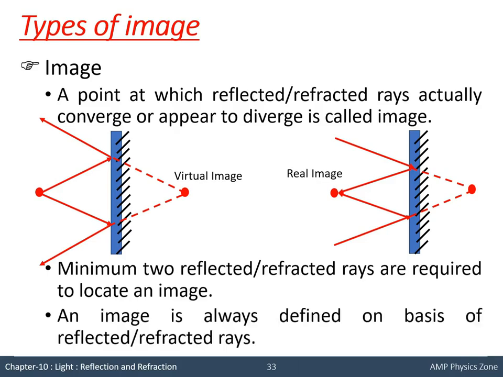An image is always defined on the basis of reflected and refracted rays. If reflected rays actually converge, then the rays will really meet, so a real image will be formed. If they appear to diverge, they will never meet; we have to extend them back to get the meeting point. That type of image is called a virtual image.